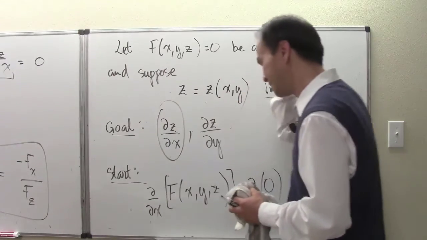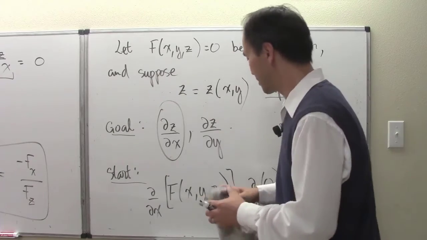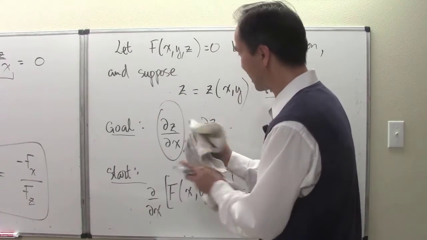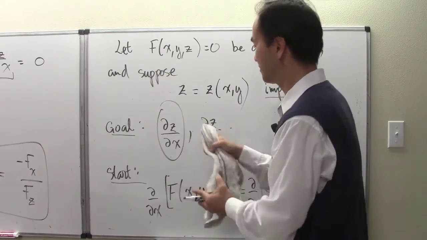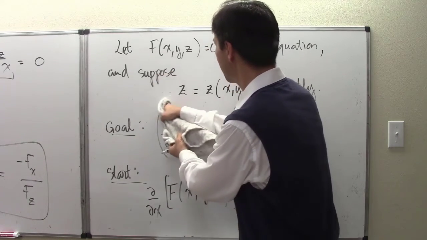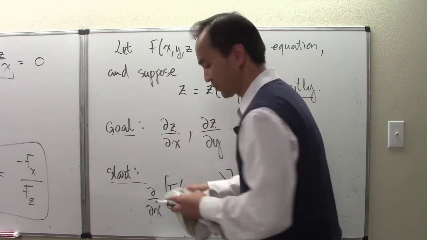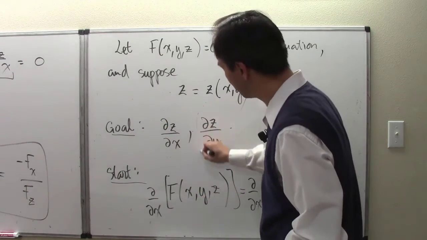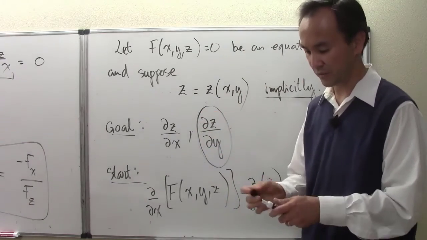And now we're going to target the other one. All right. So I don't need to erase everything completely, because a lot of these can be kept here on the board. So now my focus is on finding dz dy. Okay, that's my focus right there.